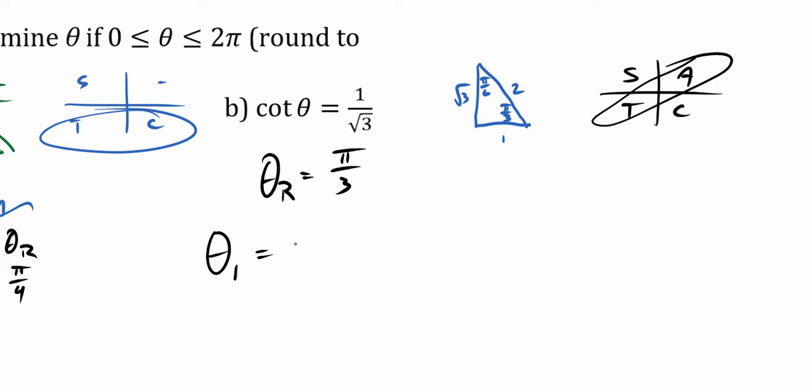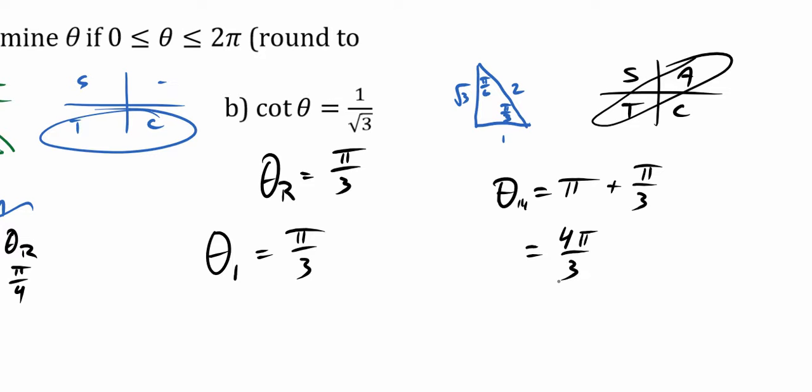So theta in quadrant 1 is just pi over 3. And theta in quadrant 3 is pi plus pi by 3. So that's 3 pi by 3 plus 1 pi by 3, which is 4 pi by 3.